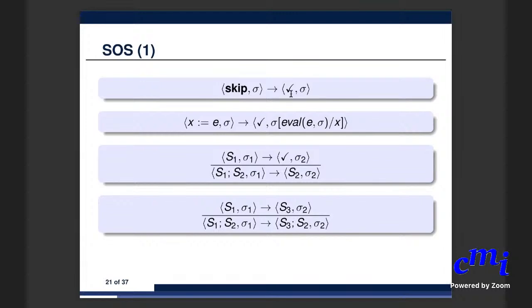So it results in a final configuration without changing sigma. That is a way to define that skip doesn't do anything, but it does terminate into a final configuration.